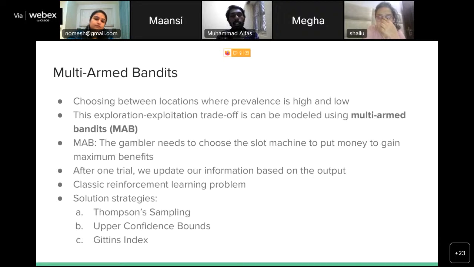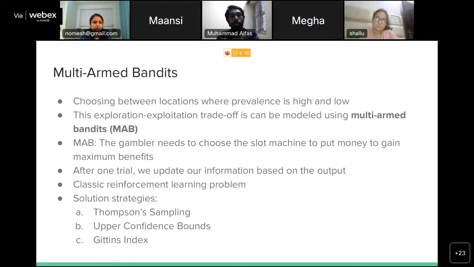But the gambler has one advantage: he doesn't have to put all his money in one slot machine. Instead, he can put some money in a slot machine, and based on the output he receives, he can update his information. Since we already use the Bayesian model for prevalence estimation, we follow an online decision process.